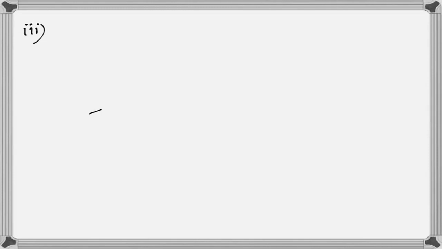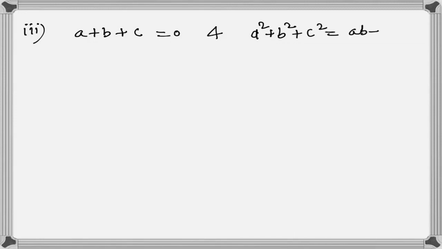A plus B plus C is 0 and A square plus B square plus C square is equals to AB plus BC plus CA. So these are the two conditions.